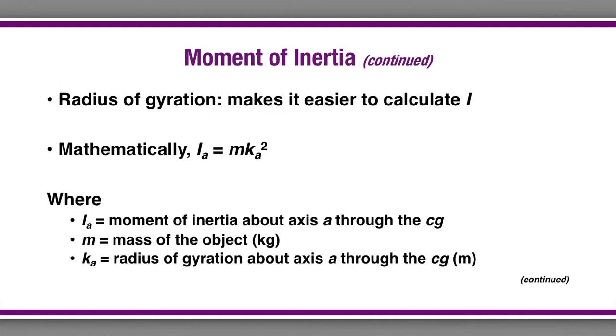So the radius of gyration makes it easier to calculate inertia. We can mathematically define it as I equals m k squared, where I is the moment of inertia about an axis A through the center of gravity of that object, m is the mass of the object in kilograms, and k is the radius of gyration about an axis A through the center of gravity in meters, and again this k is squared.